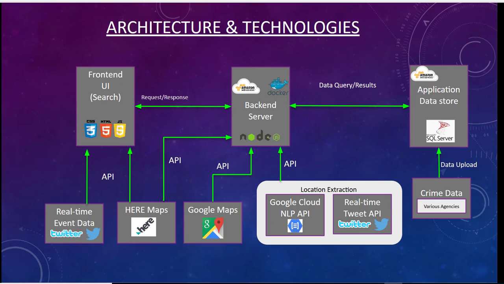These components are Dockerized and hosted on Amazon Web Services. The crime data from agencies is pre-processed before uploading it to the database. The location extraction functionality, which was our stretch goal for the project, is enabled by Google Cloud Natural Language and Twitter Service APIs.